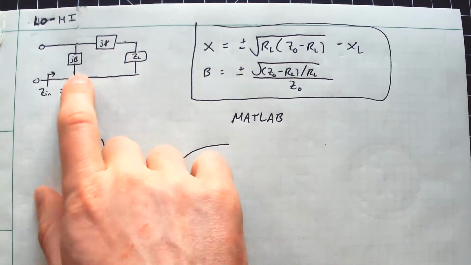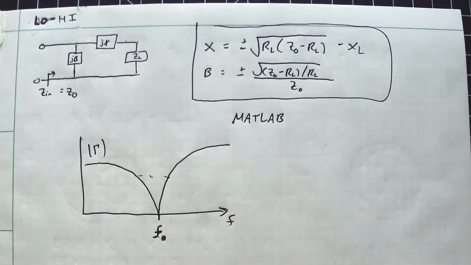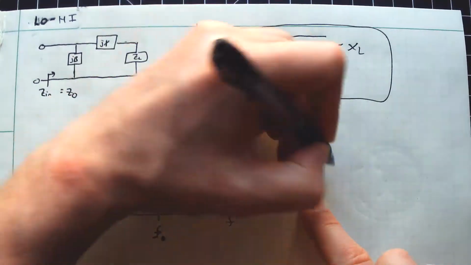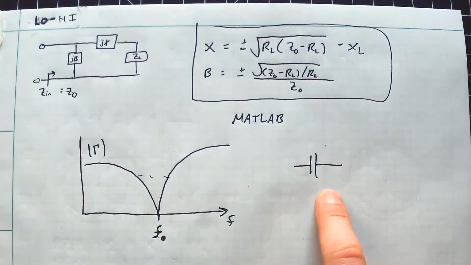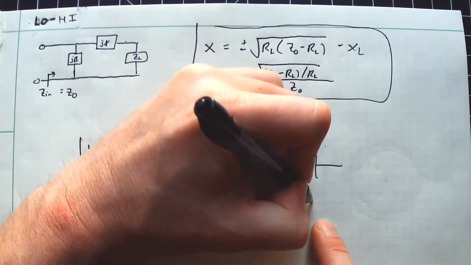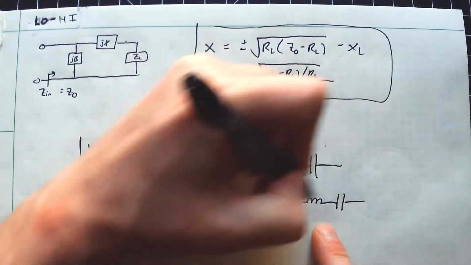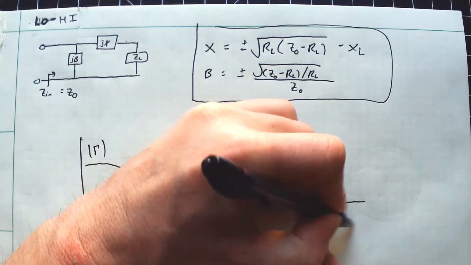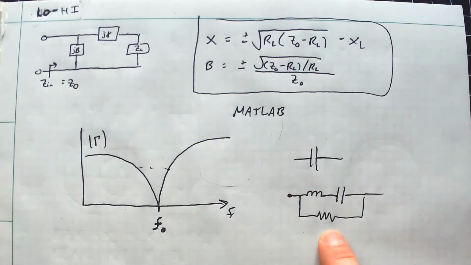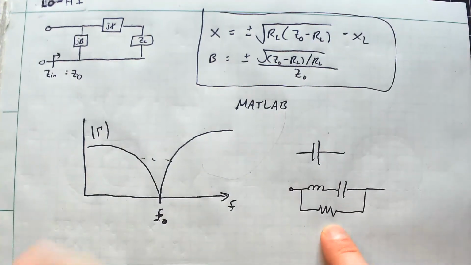Now, something to be mindful of is lumped elements aren't the best thing for super high frequency, right? Because if I have a capacitor, it isn't really just a capacitor. A far better way to think of a capacitor is something like this, right? So there's a tiny bit of inductance and resistance in parallel with any given capacitor.